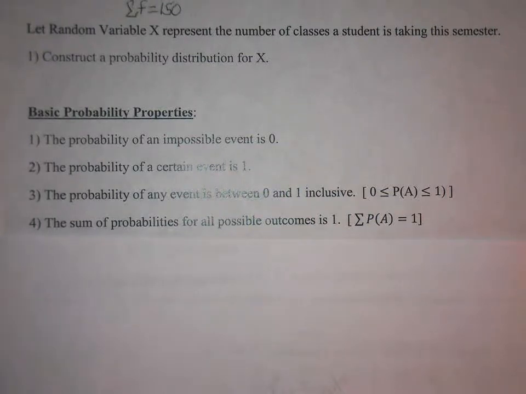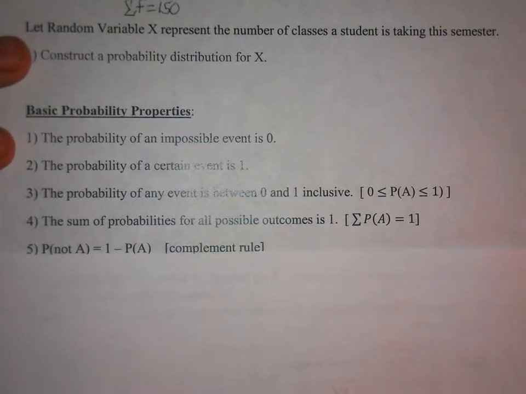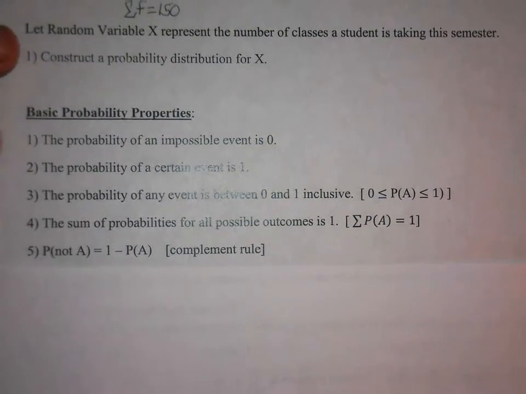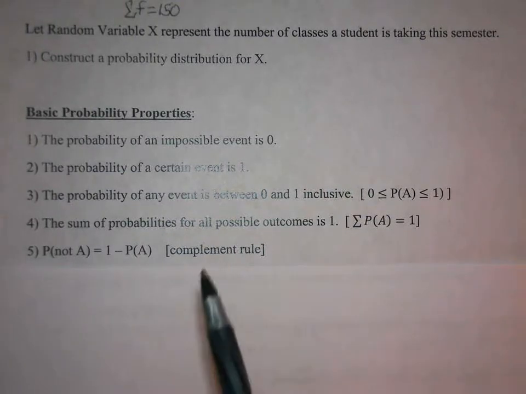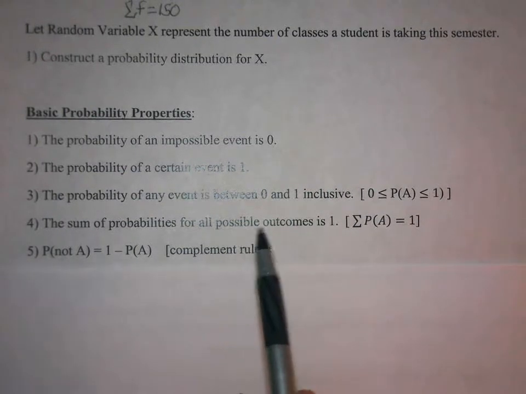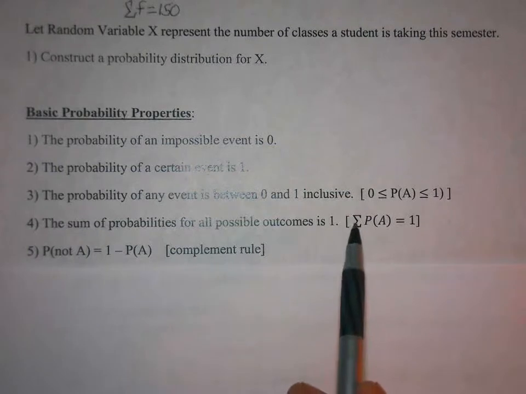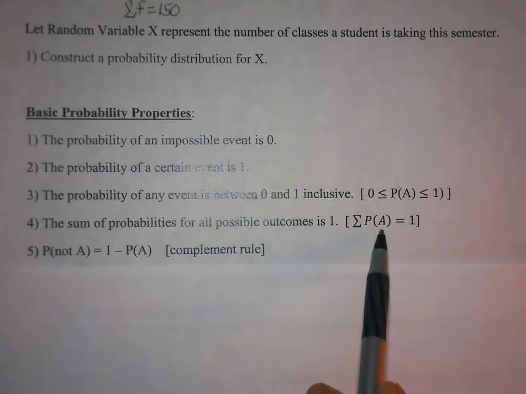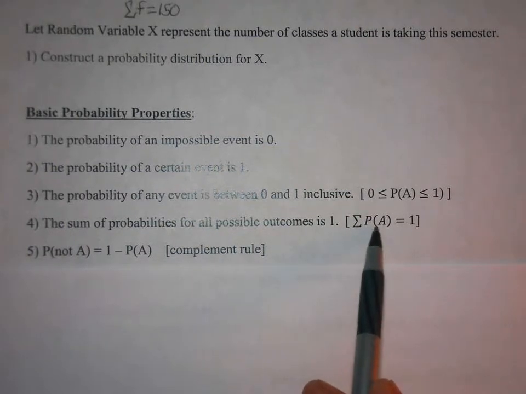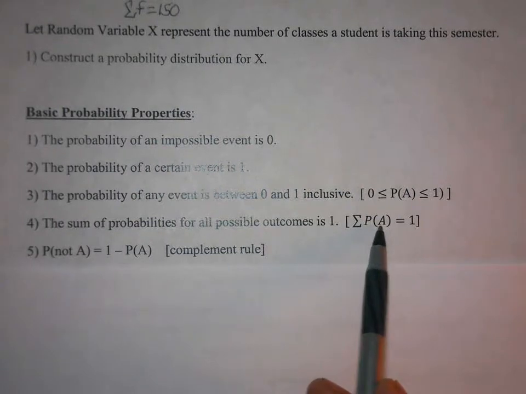The fourth rule, the sum of probabilities for all possible outcomes is 1. So the sum of P of A, the sum of all probabilities, must equal 1.